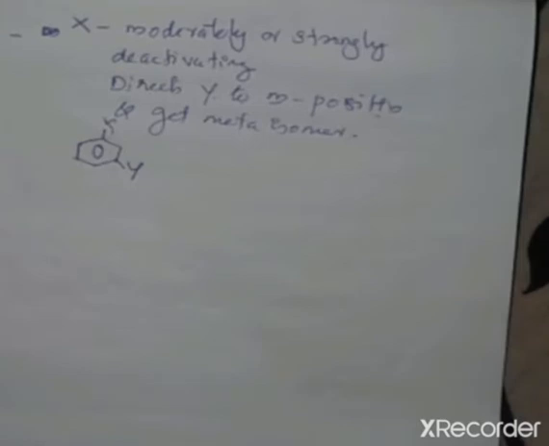If X, that is the already existing group, is a moderately or strongly deactivating group, it directs the incoming second electrophile to the meta position and we get the meta isomer.